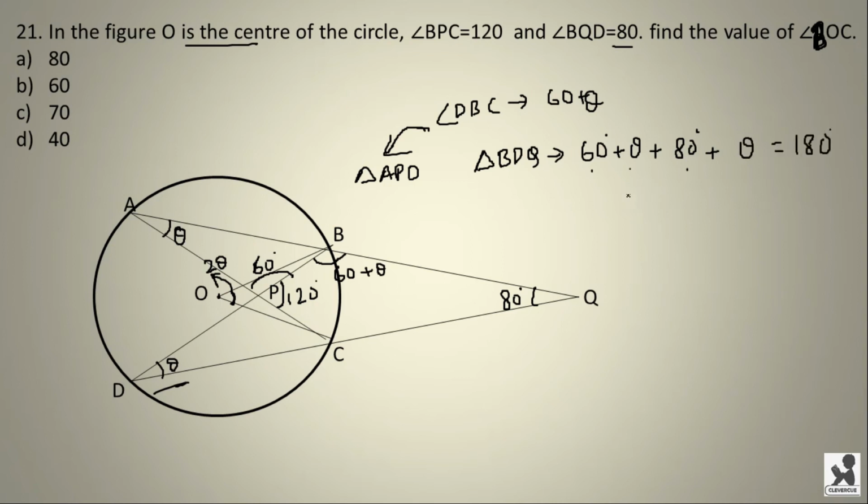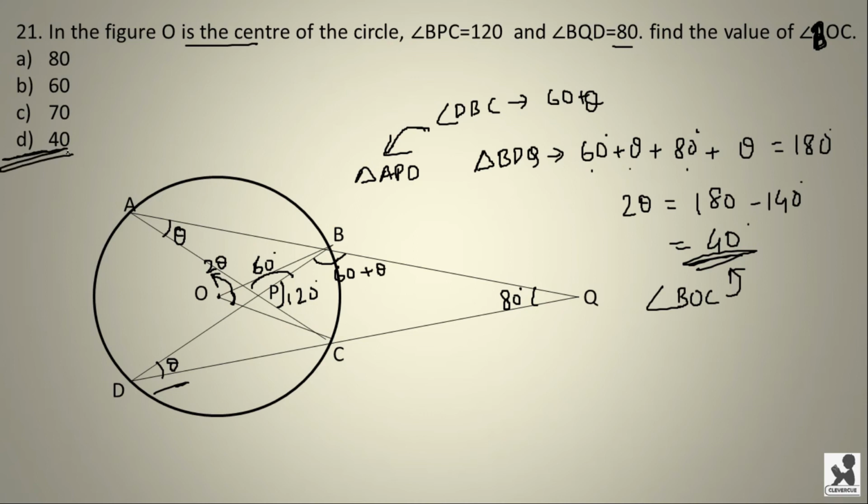And now 2 theta is 180 minus 140 degrees, which is equal to 40 degrees. So we got the value of 2 theta, that is angle BOC. Angle BOC is equal to 40 degrees. Option D is the right answer.